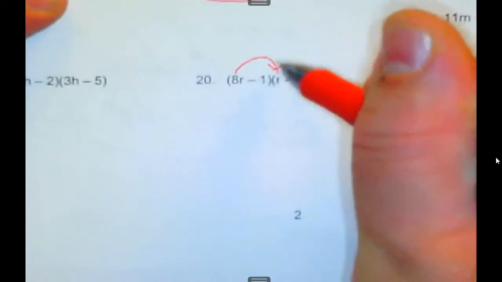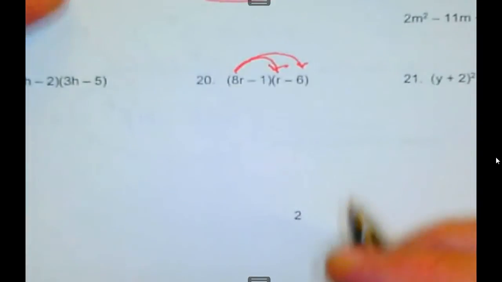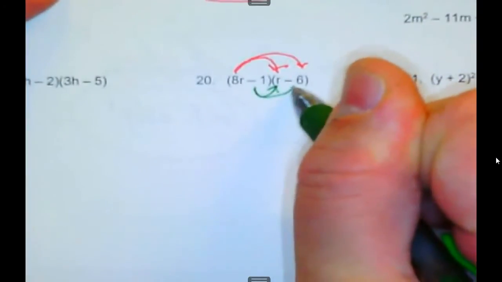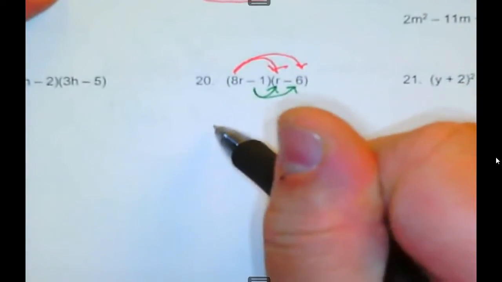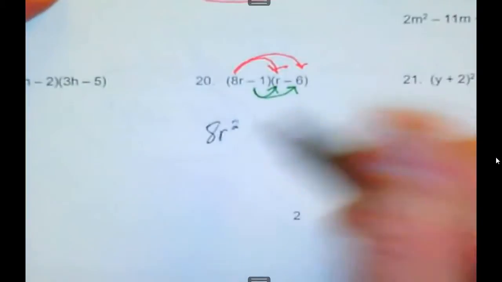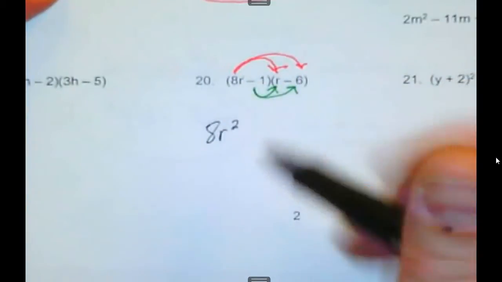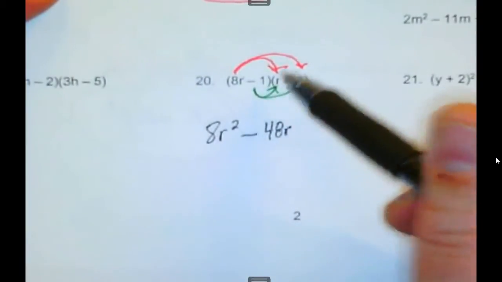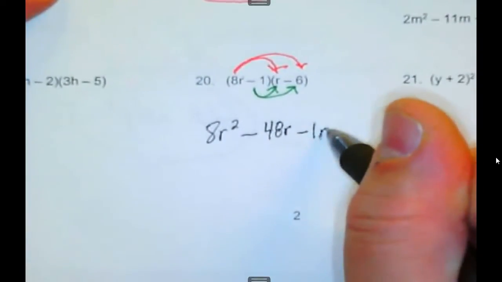Okay, let's do number 20. I'm going to distribute the 8R. And then I'm going to distribute, you can't sit there, that's confidential information now. Okay, then I'm going to distribute the minus 1. 8R times R, 8R squared. 8R times minus 6, minus 48R. Negative 1 times R, minus 1R.